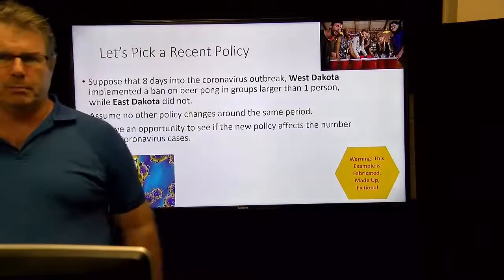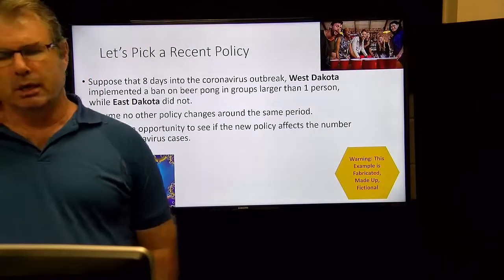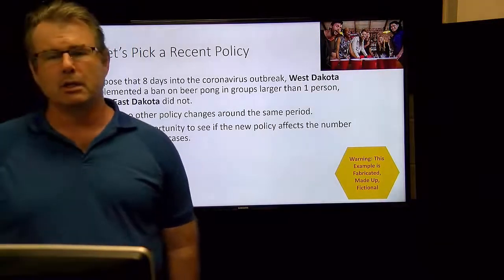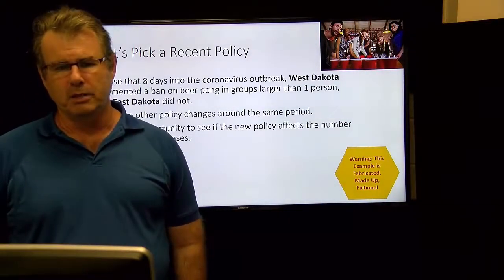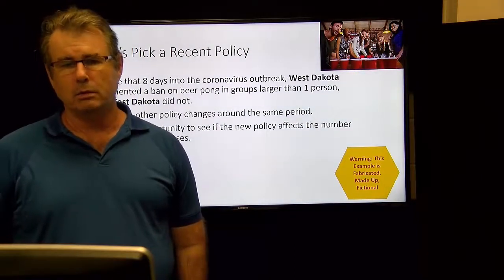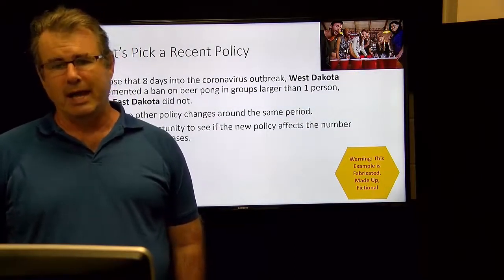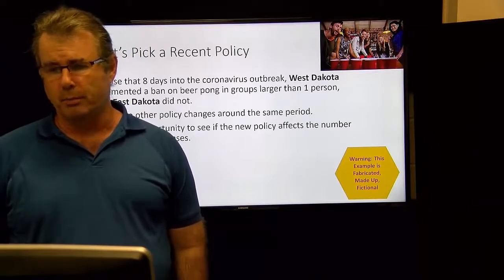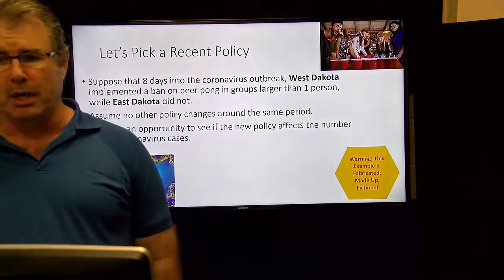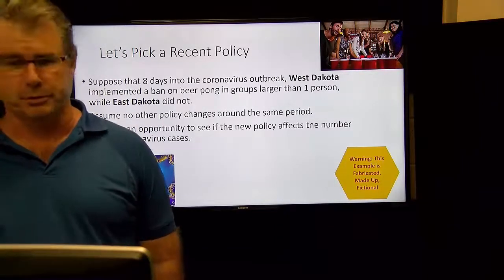So let's pick a recent policy. This is actually a fake policy. I decided to use this because, interestingly enough, we're in the midst of an outbreak of coronavirus. And so let's suppose that 8 days into the coronavirus outbreak, the state of West Dakota implemented a ban on beer pong in groups larger than one person.